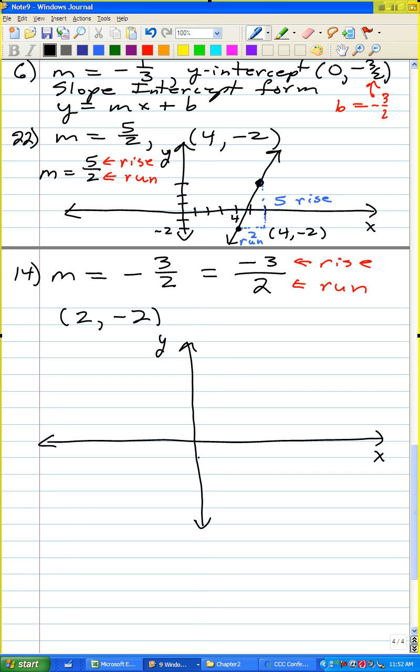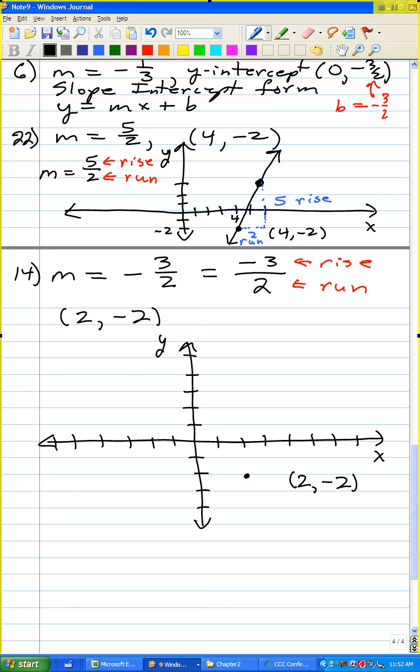Okay, so 1, 2, 1, 2, 5, 5, 6. Okay, so I'm at the point 2, -2. So I start at the point that they tell me to start at, and then I use the slope.